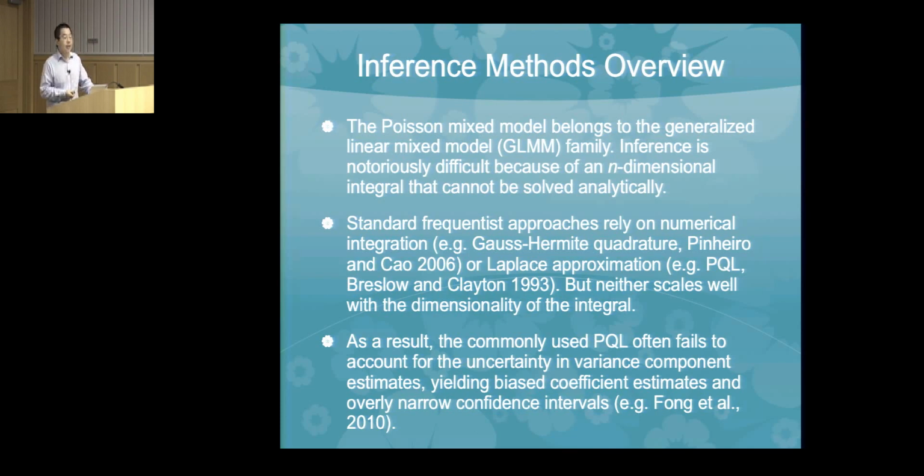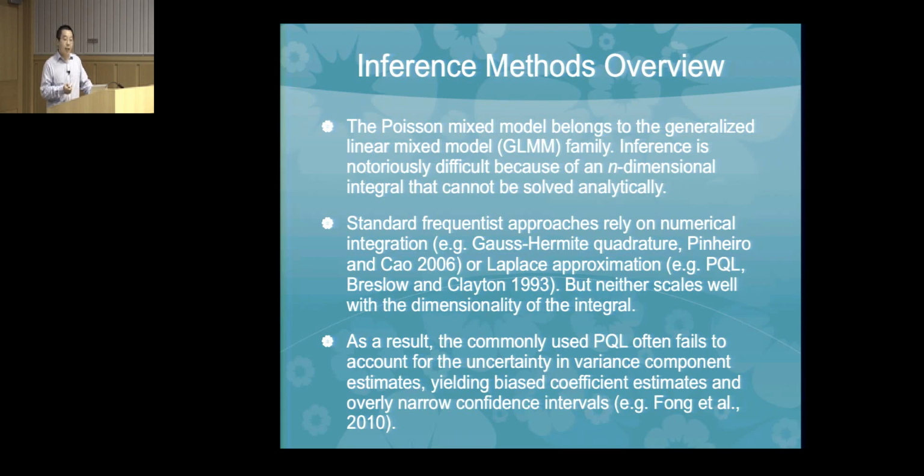Inference in this GLMM family is very difficult because we have an n-dimensional integration that cannot be solved analytically. The integral is n-dimensional, so it depends on the sample size. Even with a larger sample size, it actually gets more difficult to do the inference, in contrast to other methods where a larger sample size usually makes things easier.